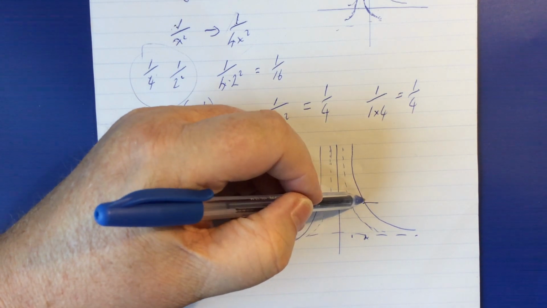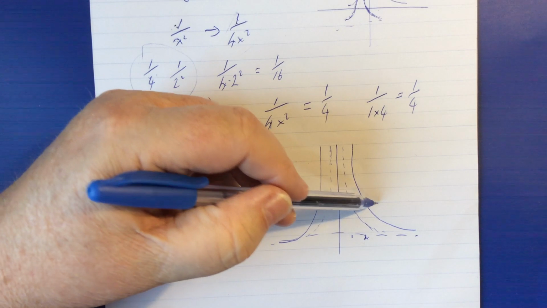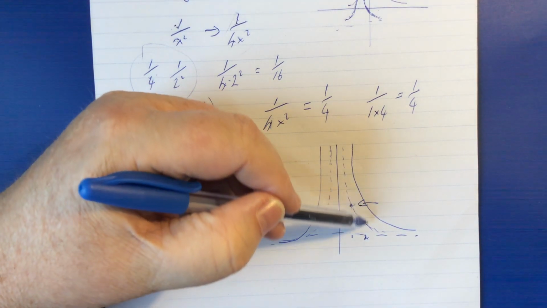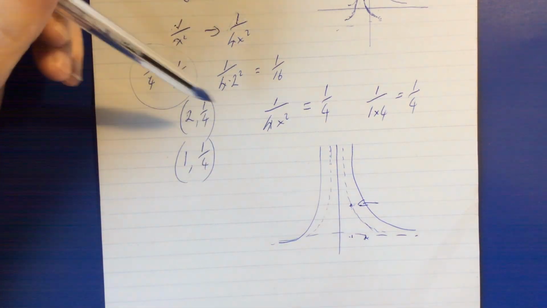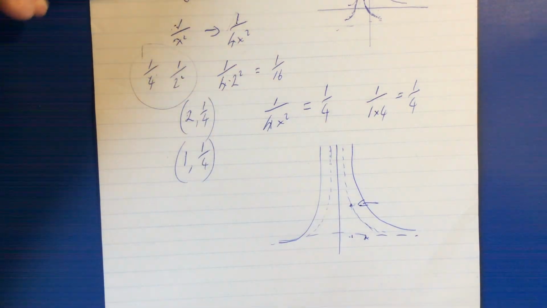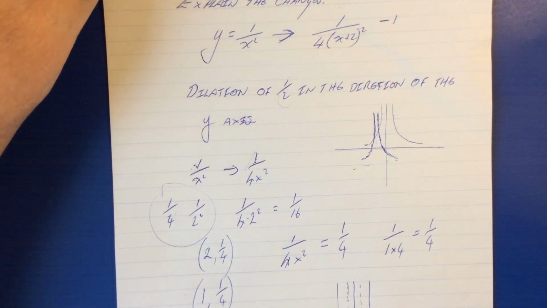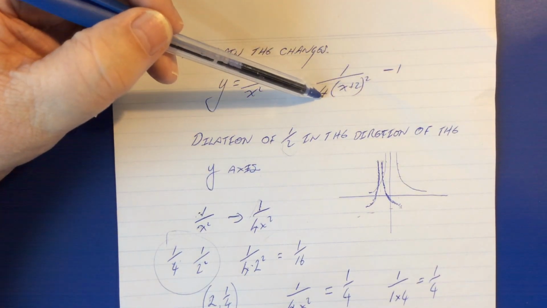But what it shows me is that there has been a dilation in that direction of 1/2. 2 has become 1. And that is the explanation for why there is a dilation of 1/2 in the direction of the x-axis as part of this general set of changes.